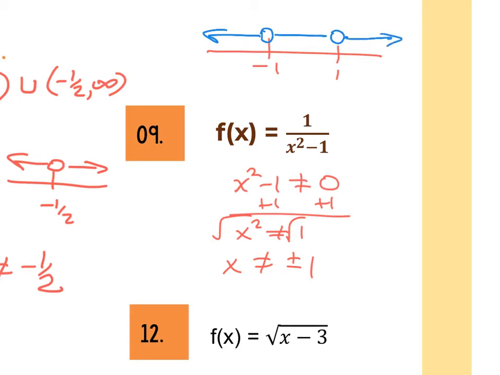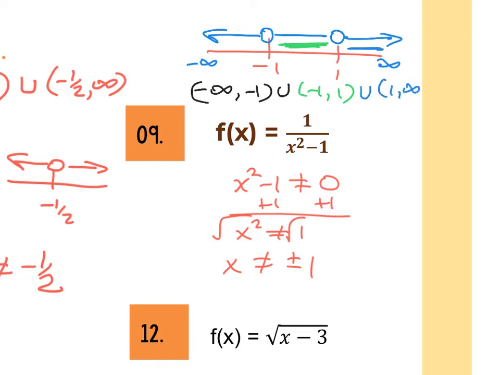So I'm going to have 3 different things here. -infinity to -1, then it jumps over it, and then now it's filling in this section, which will go from -1 to 1, then it jumps over that, and now we'll do this section, and it goes from 1 to infinity. So this would be this section.